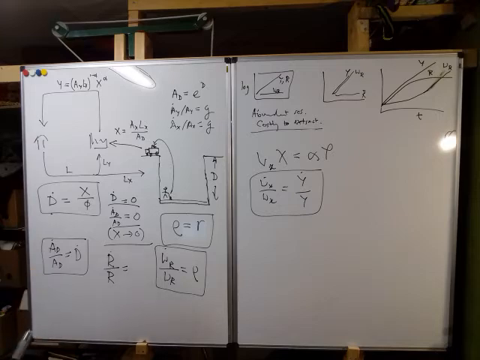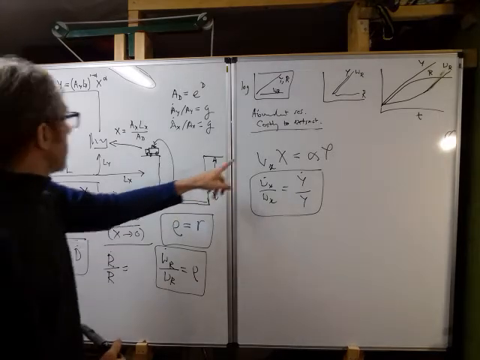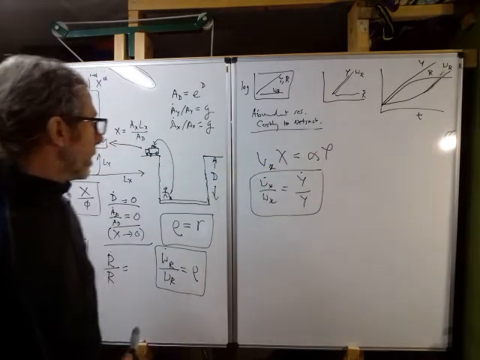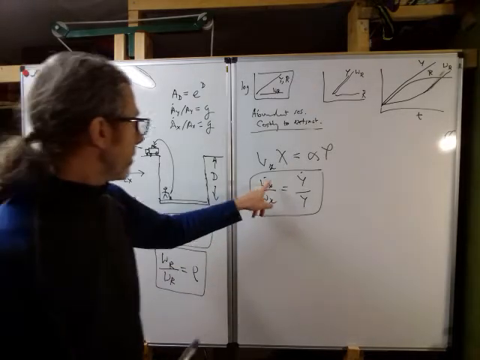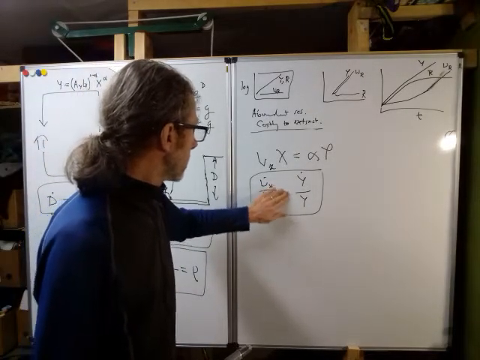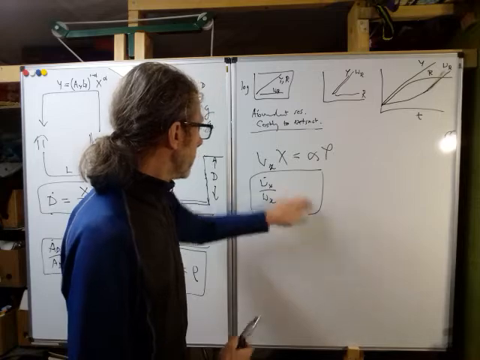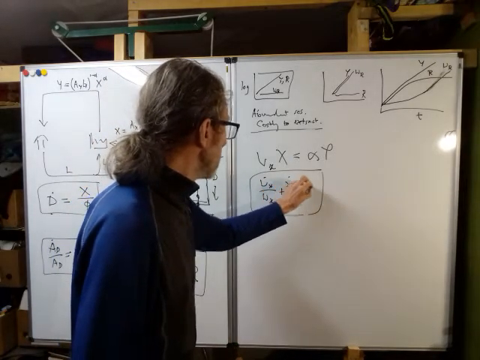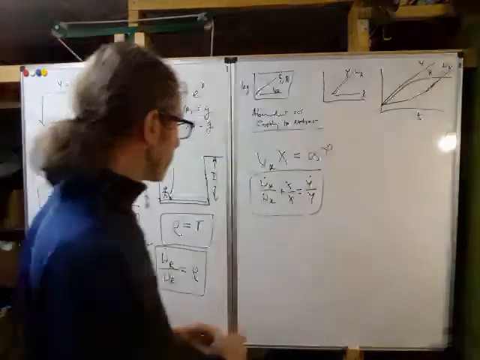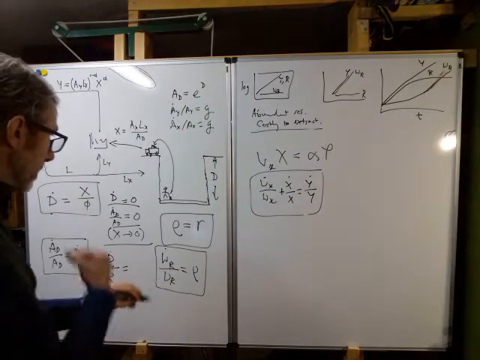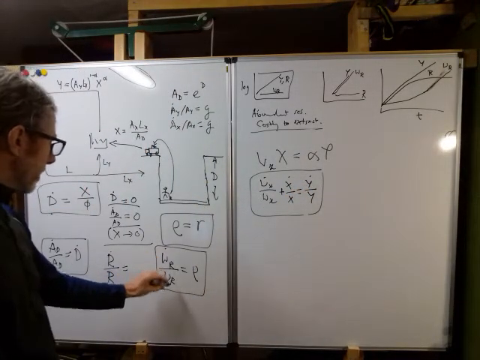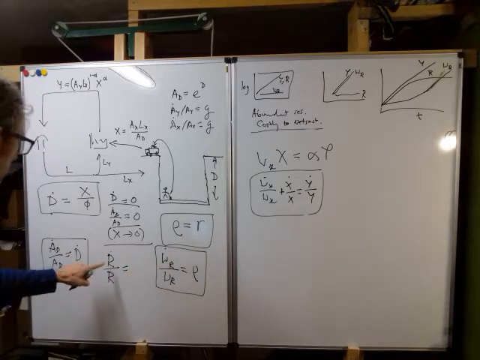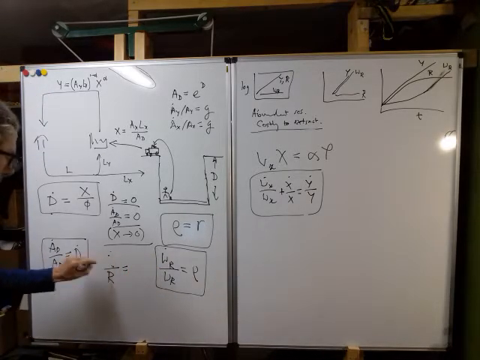Because Wx is alpha y. So W_x dot over W_x plus x dot over x is y dot over y. Oh, sorry, I've changed from x's to r's. This should be x's.